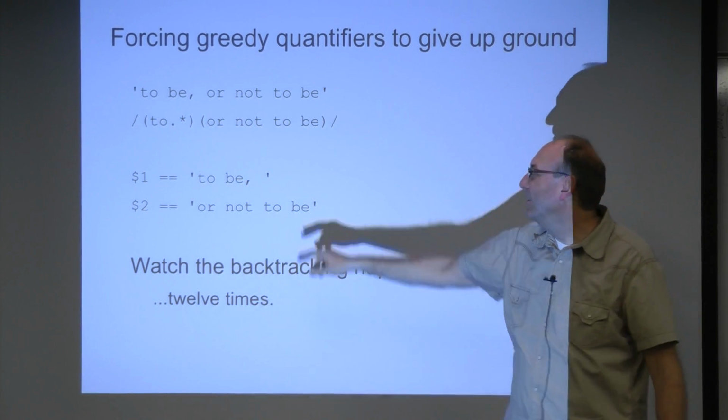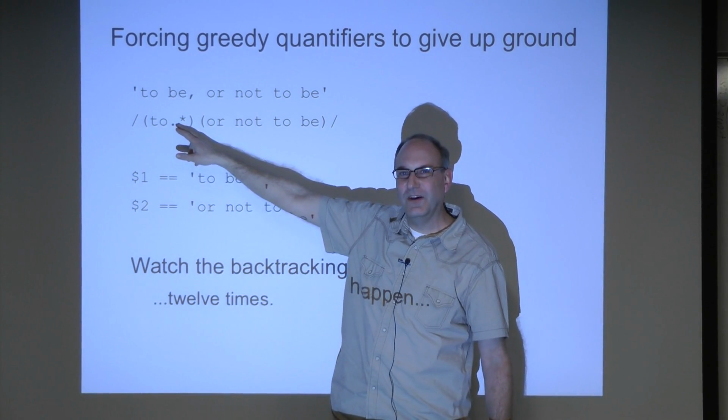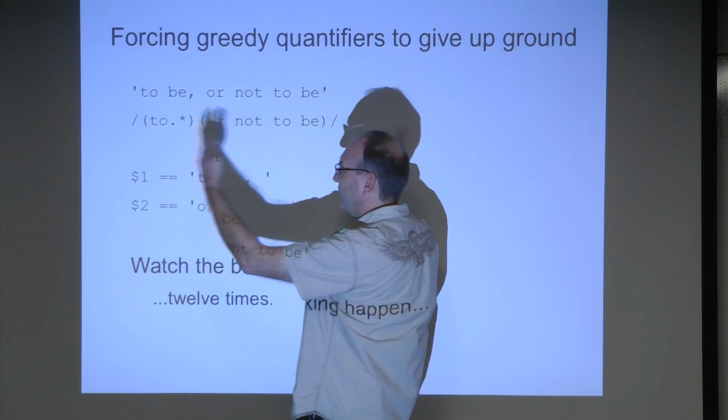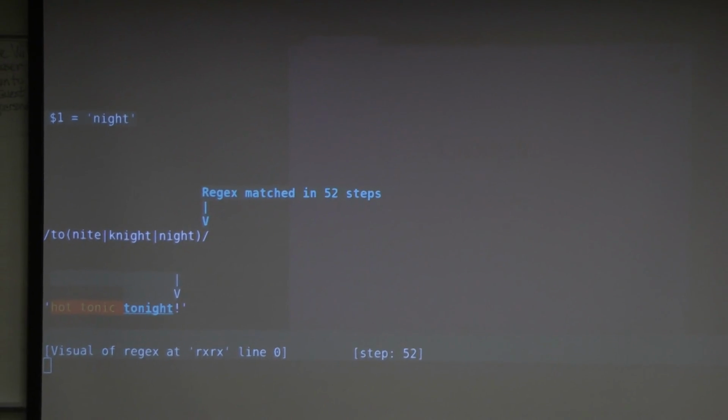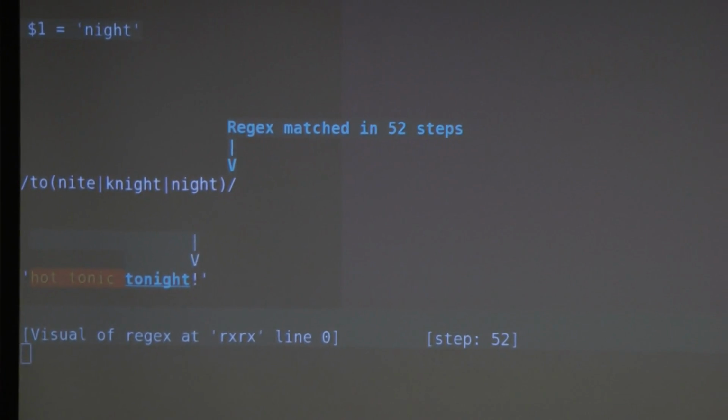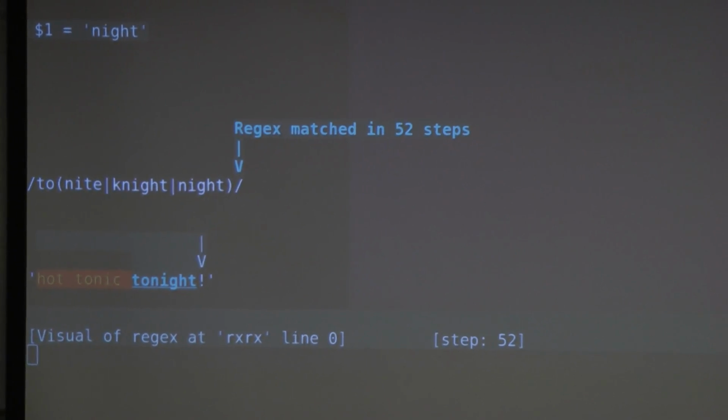Well, how do we get there? The dot star is a greedy quantifier. That's going to, like I said before, match the entire thing. So let's exit out of this again and take a look at what the regex doctor says to us.